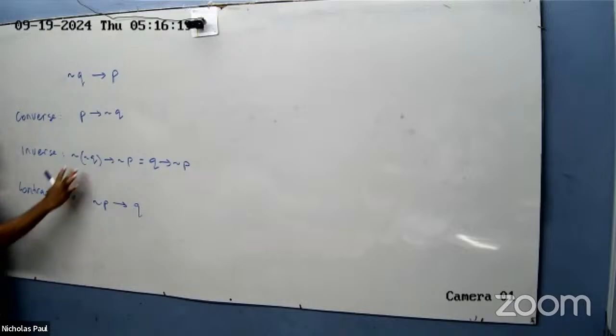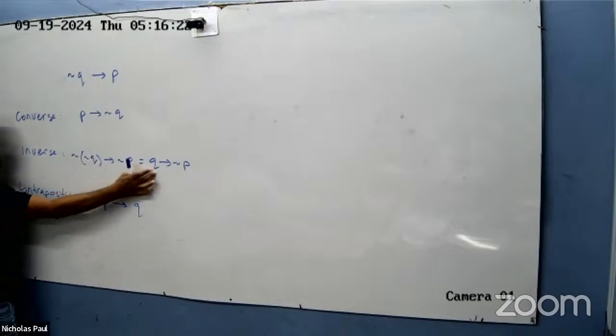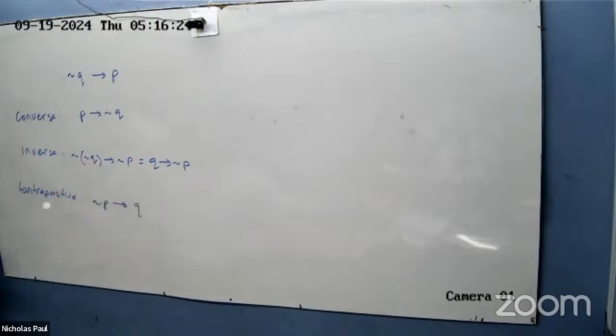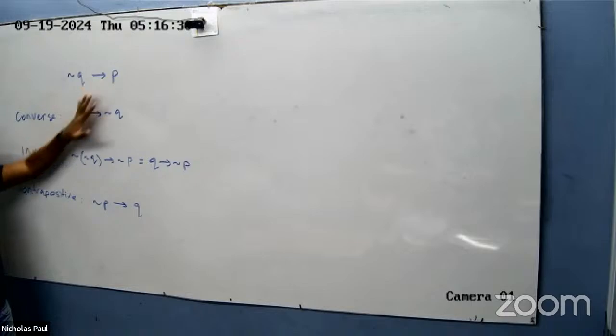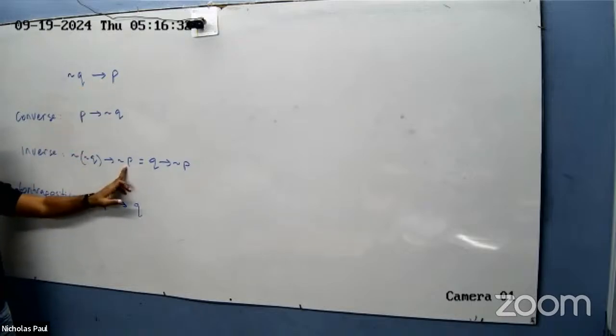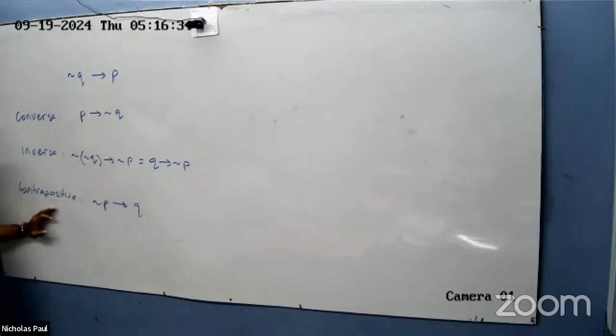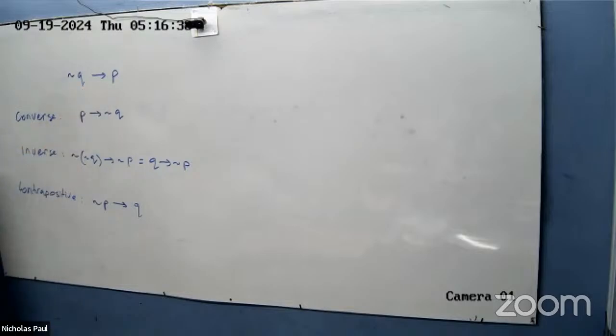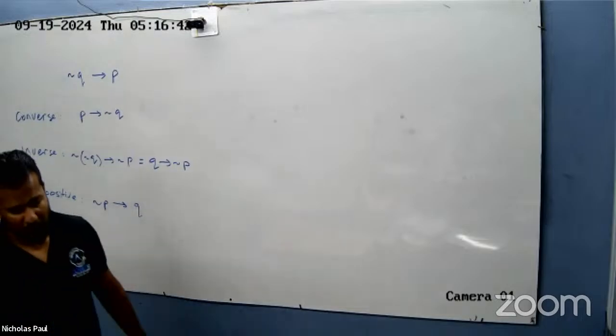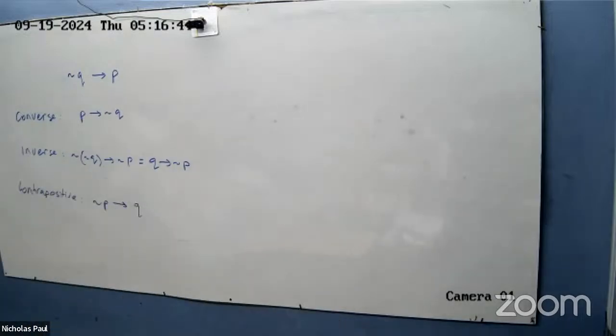Remember this rule, right? Double negation cancel off. Okay. So converse, switch them around. Inverse, leave them as they are and negate both. And contrapositive, flip them around and then negate. Are you okay with that? Easy, right?